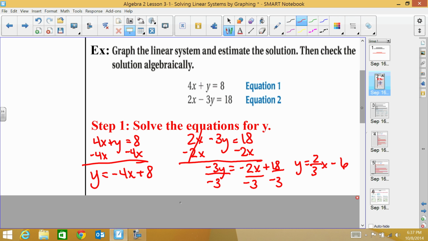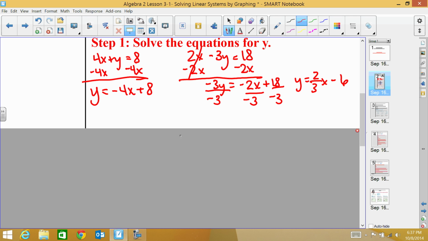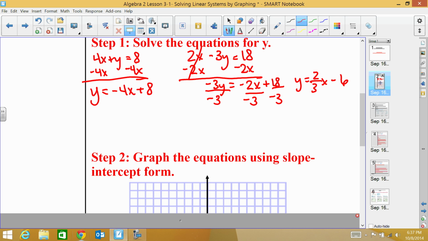So now I can graph these equations together. I'm going to graph both equations using slope-intercept form on the same graph. I'm going to write these over here so I have them: y equals negative 4x plus 8, and y equals 2/3 x minus 6.